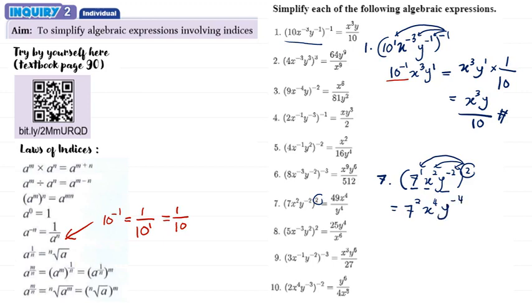So 7 power of 2 is 49. x power of 4. This one, negative, becomes 1 over y power of 4, according to this law. So the final answer should be 49x power of 4 over y power of 4.